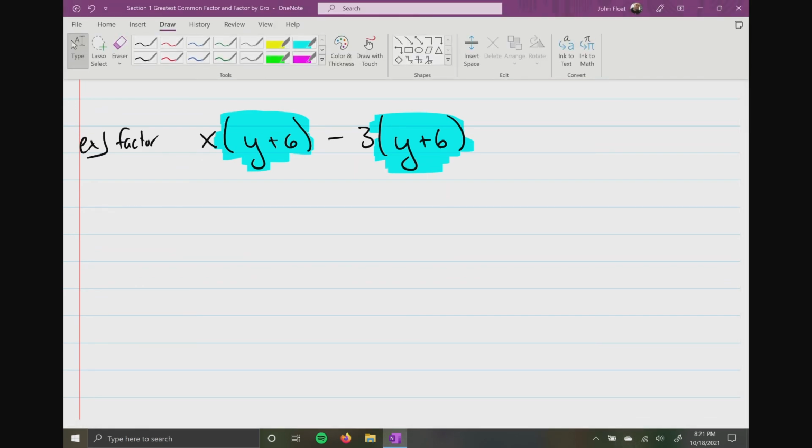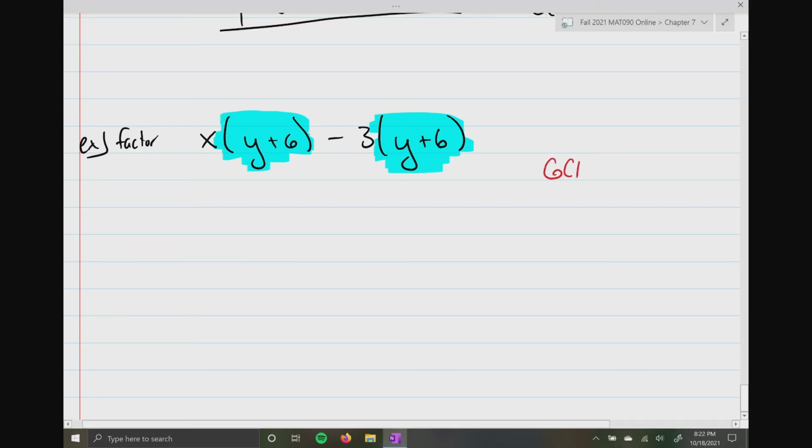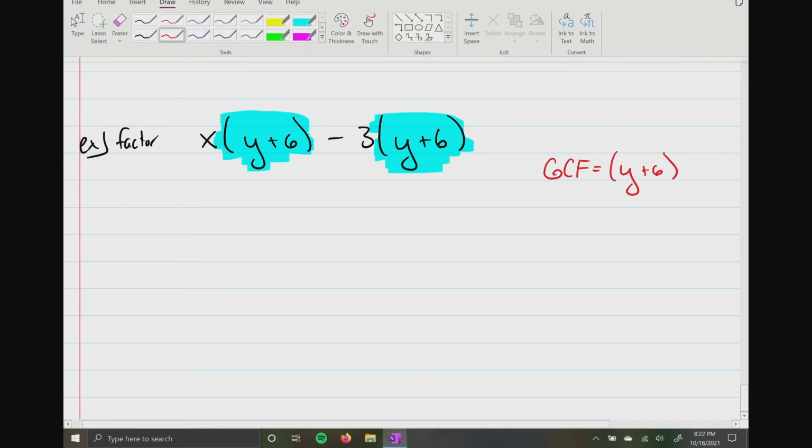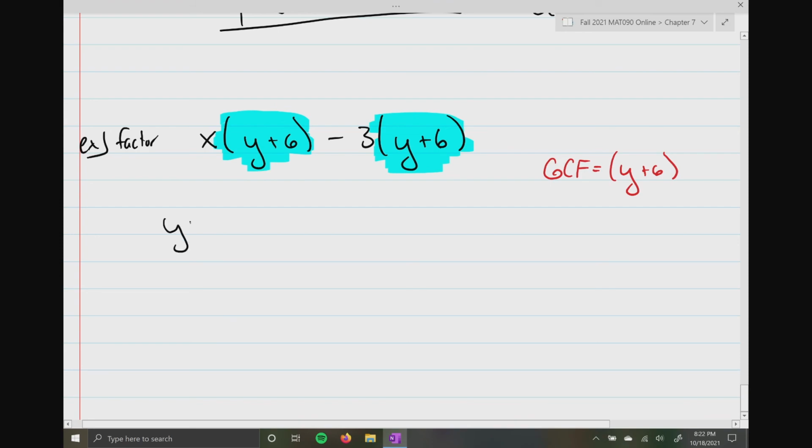Therefore, our GCF is a little bit more complicated than the previous problems, but the GCF is going to be y plus 6. Now, if you're telling me that's what the GCF is, here's what you're really saying. You're telling me y plus 6 is out front of a big set of parentheses, and you're going to be dividing both quantities by y plus 6.